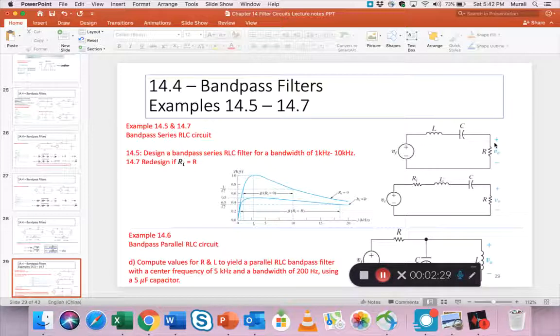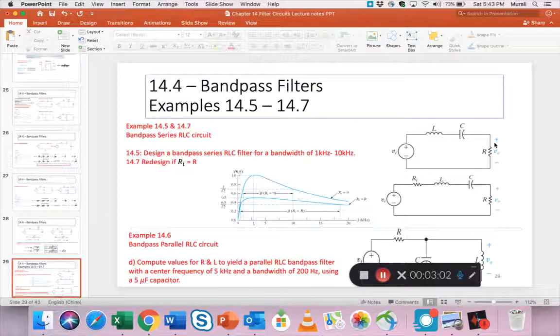So there's actually three examples: 14.5, 14.6, and 14.7. And I've grouped together 14.5 and 14.7 because they are both about the series circuit, series RLC implementation of a band pass filter, while 14.6 is a parallel circuit implementation. So let's look at 14.5 and 14.7 first.